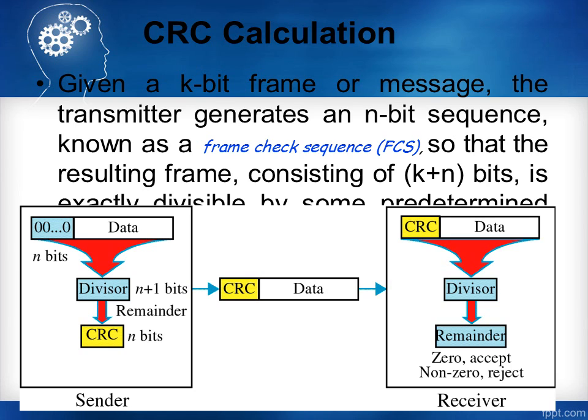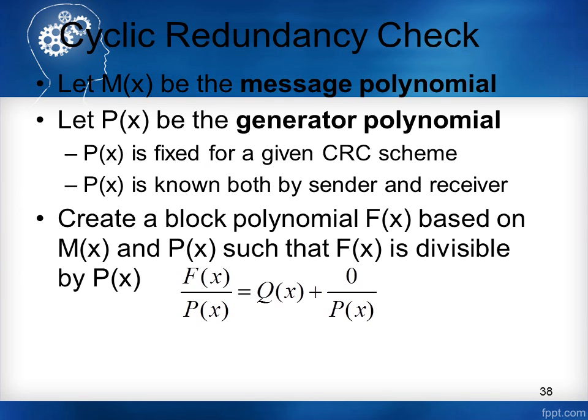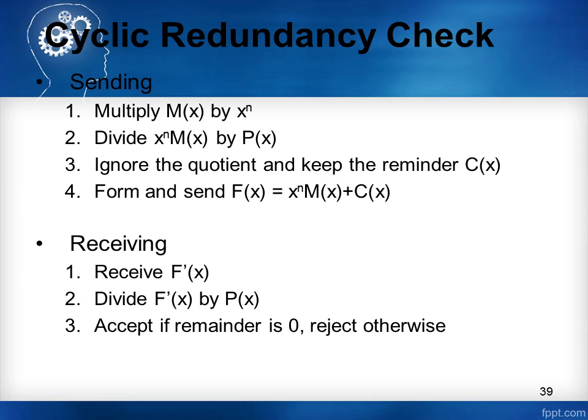If the remainder is 0, it is accepted; non-zero means rejected, which is also simply known as the frame check sequence. This is another representation of how M(x) can be considered as the message polynomial and P(x) as the generator polynomial, and in order to get the cyclic redundancy check value, we are going to divide and get the final value.